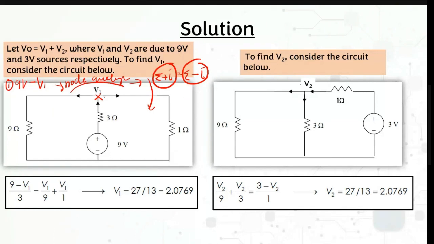If you look at this node V1, you can see that you have 2 currents leaving the node and 1 current entering the node.